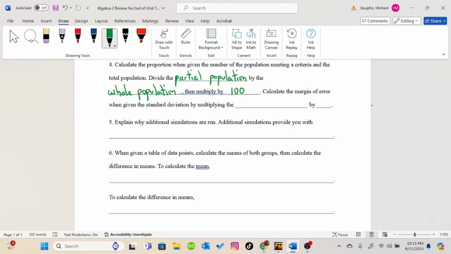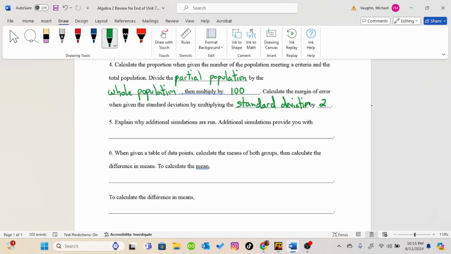Calculate the margin of error when given the standard deviation by multiplying the standard deviation by 2.